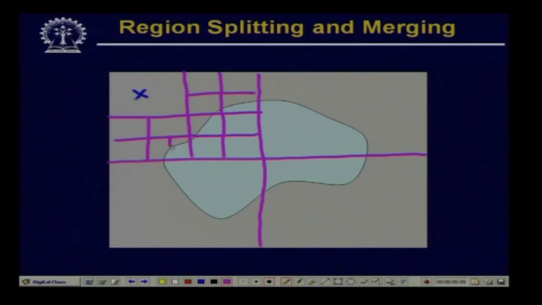Let us take one of them. This is partitioned again, this is partitioned again, and so on. Now, at the end, when I find that I can't do any more partitioning, either because I have reached a minimum partition size or every partition has become uniform, then I have to look for adjacent partitions which can be combined together to give me a bigger segment.